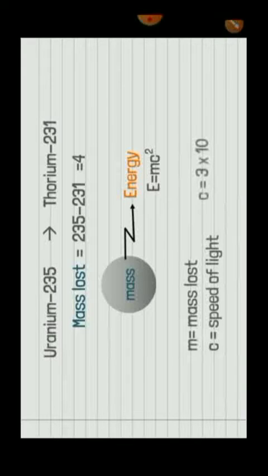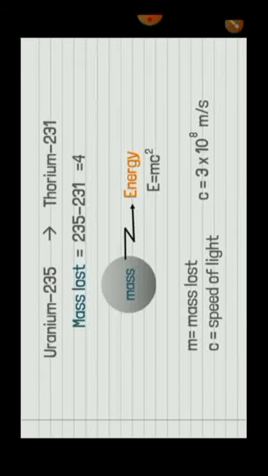So we have a new concept that mass can be converted into energy according to the equation E equals mc square. Here m is the mass which is lost, c is the speed of light which is equal to 3 into 10 to the power 8 meter per second.